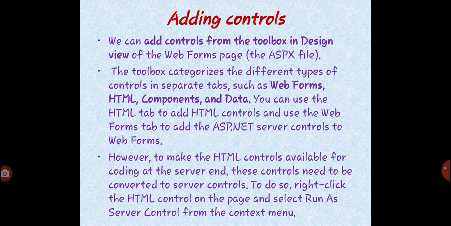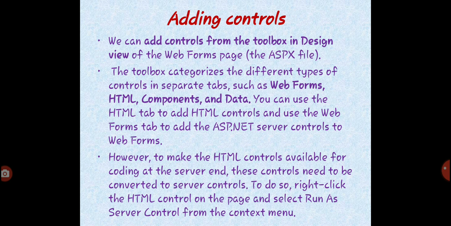This portion tells you the ways we can add controls on a web application. The first is adding controls using the toolbox. We can add controls from the toolbox in the design view, which is just the IDE.